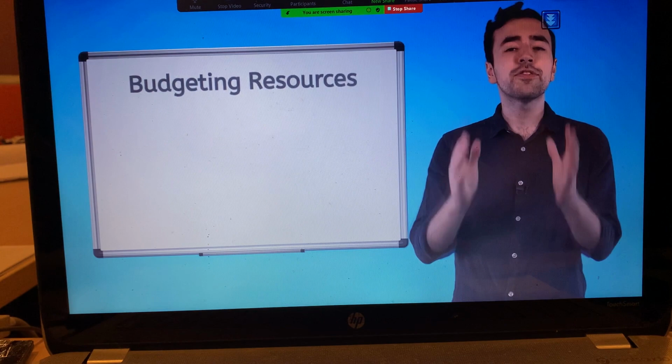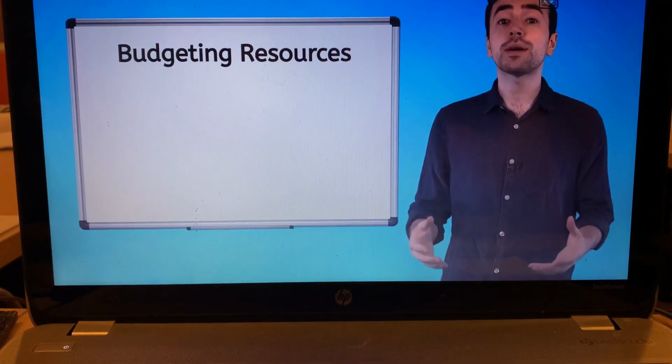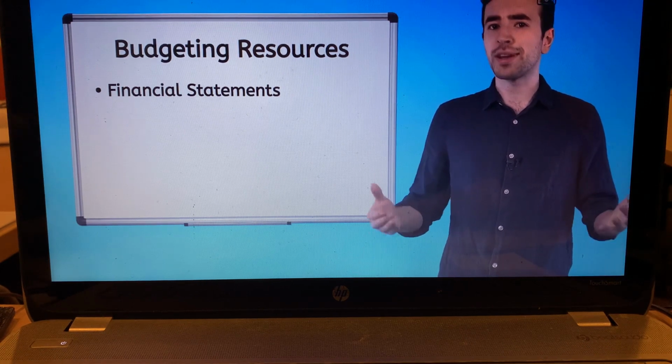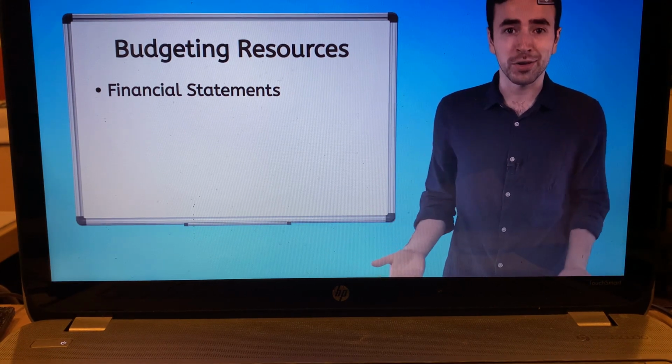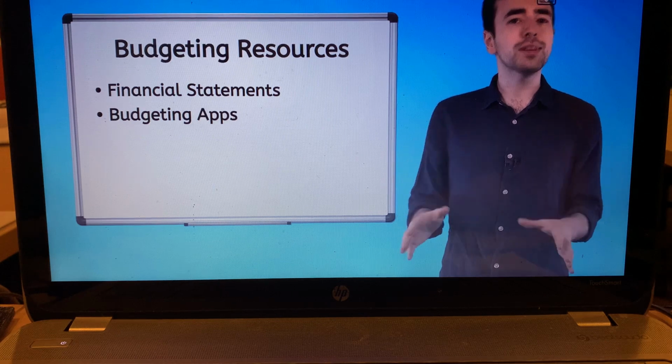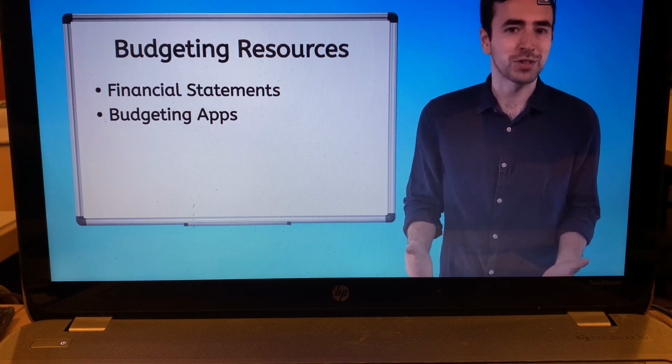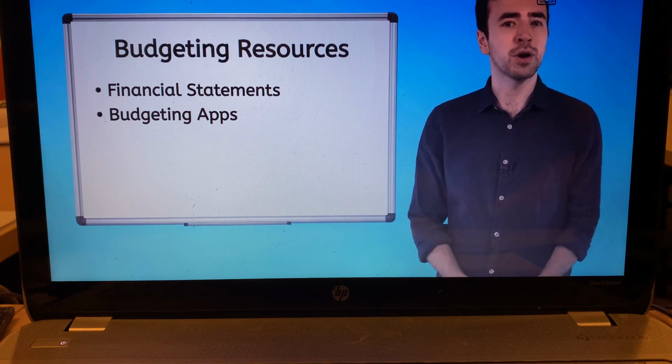After that, in the final section of the unit, we're going to learn about some resources that can help you with your budget. First, we'll learn how to read financial statements, which tell you what's going on in your account. There's also plenty of online resources that can help you with budgeting, with plenty of cool features too. So we'll learn about some of those.